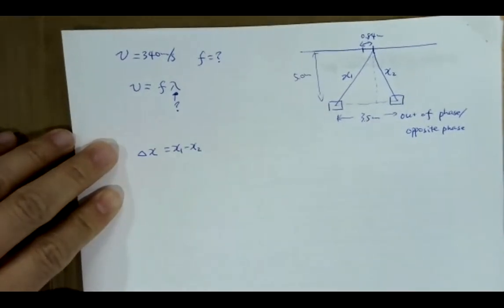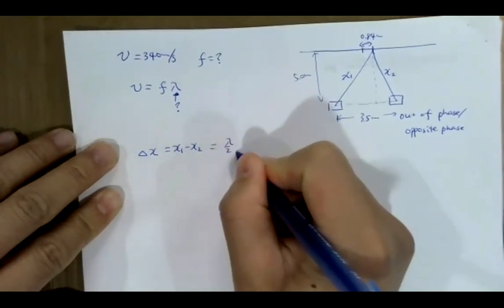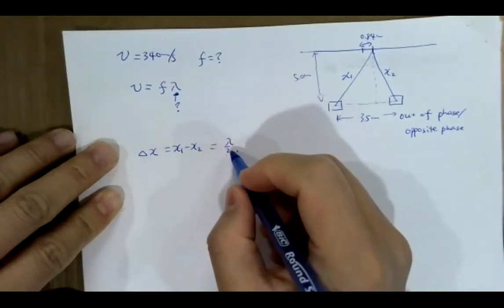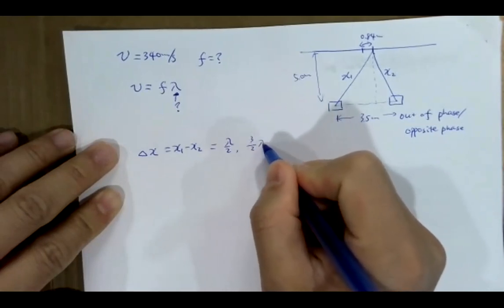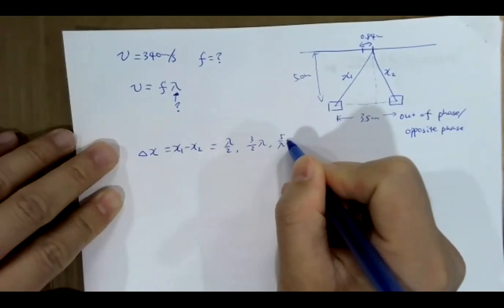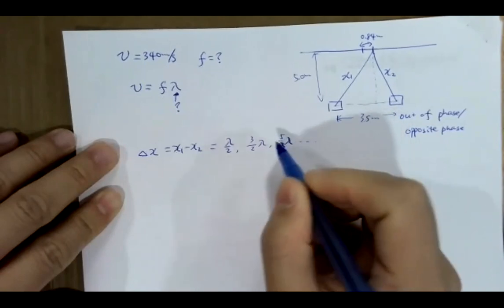If you don't like it, you can say d1 minus d2, or delta d. That should be equal to half lambda. This is the first time you hear the constructive interference, and then the second time will be 3 halves lambda, then 5 halves lambda, 7 halves, et cetera.